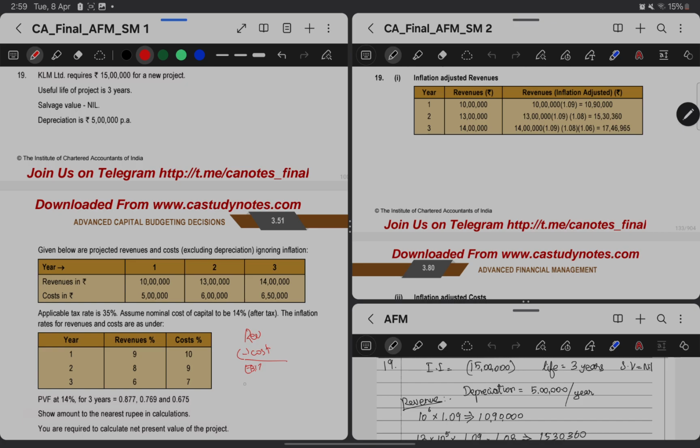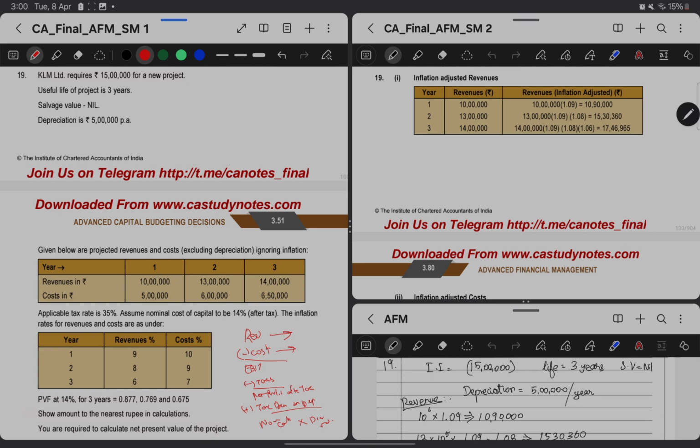On this we will reduce taxes, then we will get net profit after tax, and then we will add tax benefit on depreciation, and then we will arrive at the nominal cash flow. This nominal cash flow will be adjusted with the discount factor yearly, then we will reduce it with the initial investment to get the NPV. So now this revenue is in real terms, we have to adjust it with the inflation. Same case with cost also.